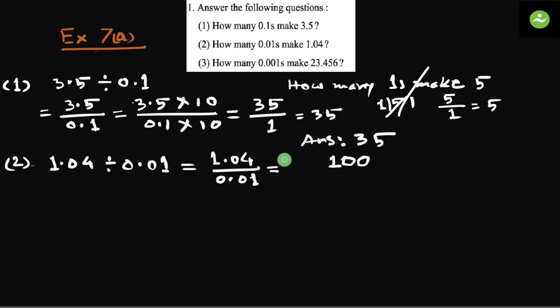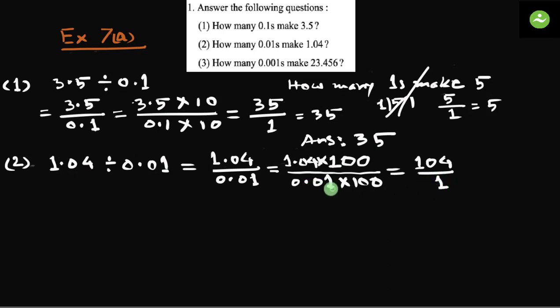So 1.04 into 100 and 0.01 into 100 equals. Now we can remove the decimal. So it becomes 104 over 1.